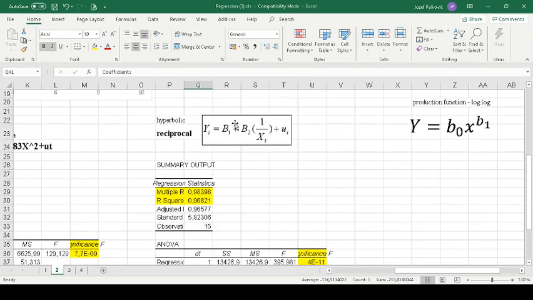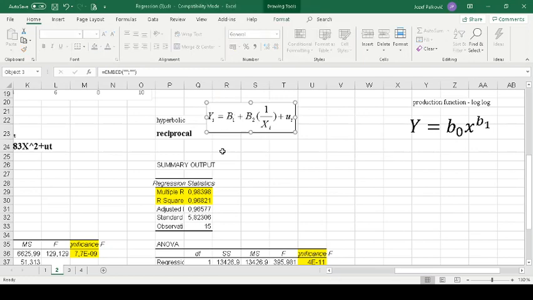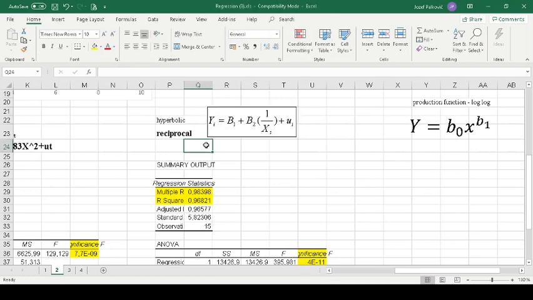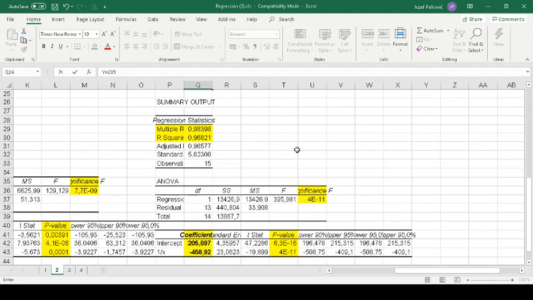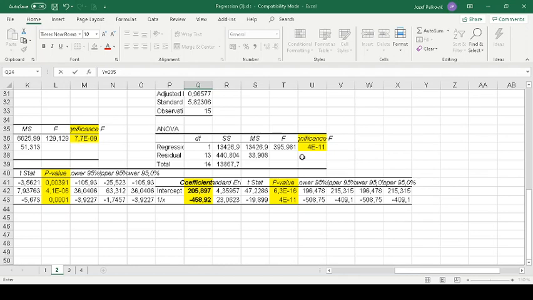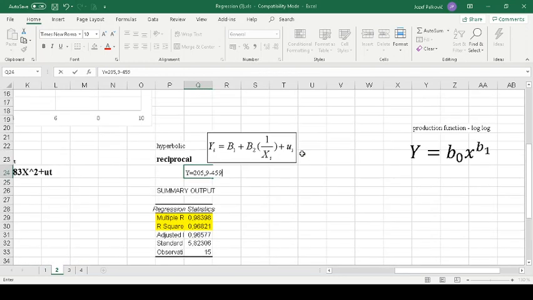So if you would like to fill in estimated values into estimated function, dependent variable is equal to 205.9 minus 459 times 1 divided by x plus u_t, which denotes random error. So that's estimated hyperbolic function.